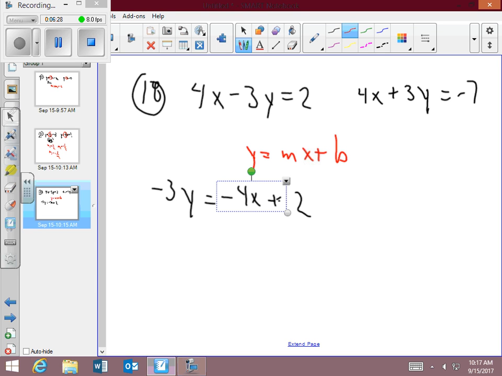Same thing as taking -1/3 times it. Now, if any of you do not understand any of the steps, be sure and ask.